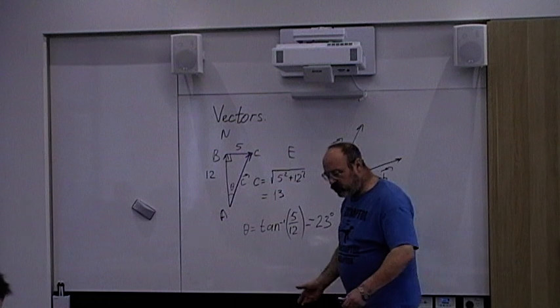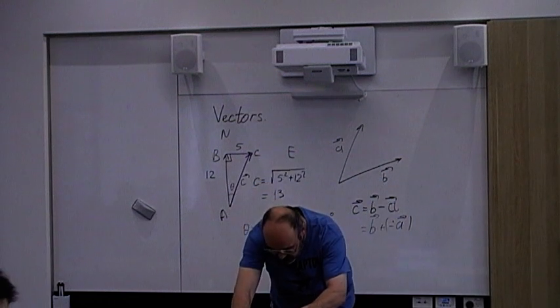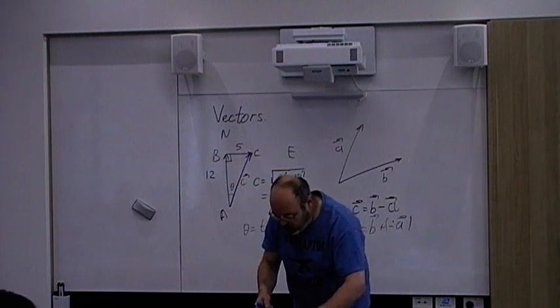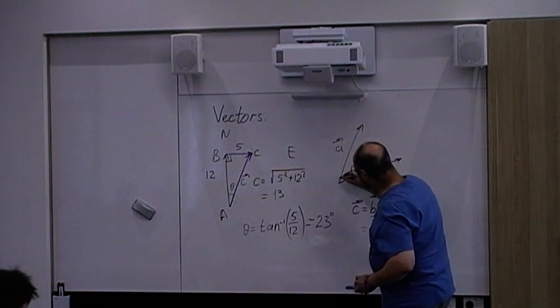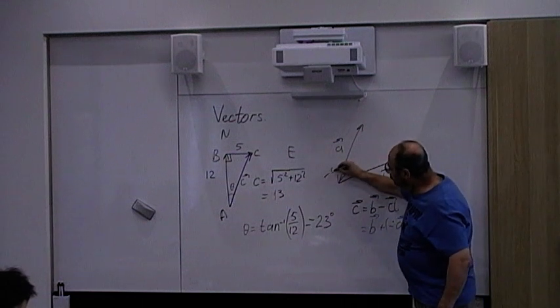We change the direction of the vector, keeping the same length, but making the direction opposite. So that will be negative A.